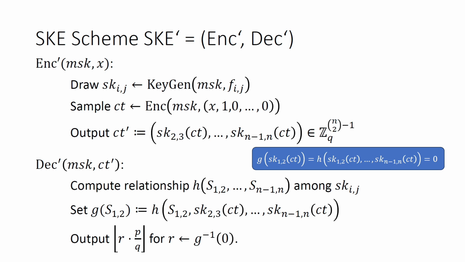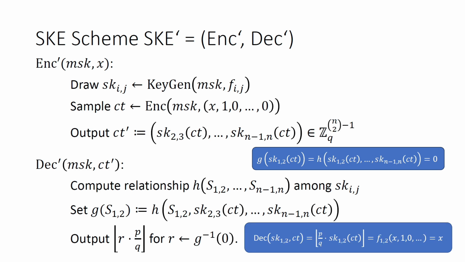And we know SK12 CT, that's our payload, it has to be a root of g because h is an algebraic relationship. That's very nice. The second thing is, if you guess correctly, then this term here is just this term here. That's the decryption, and because of correctness of our starting FE scheme, this must be X again, because F12 maps this strange vector over there to X.